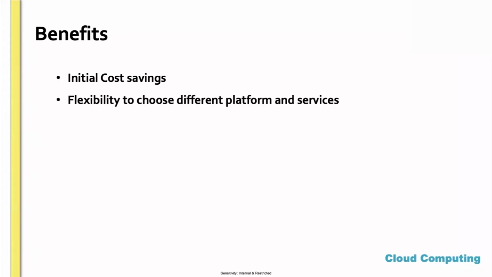Flexibility to choose different platforms and services. Someone was saying moving to a hybrid platform, right? So we have the flexibility to choose different cloud providers in the same organization. Some applications you can host in AWS, or some other application you can host in Google Cloud, whichever is very well optimized. Based on that, you can host different applications in different cloud platforms in the same organization.